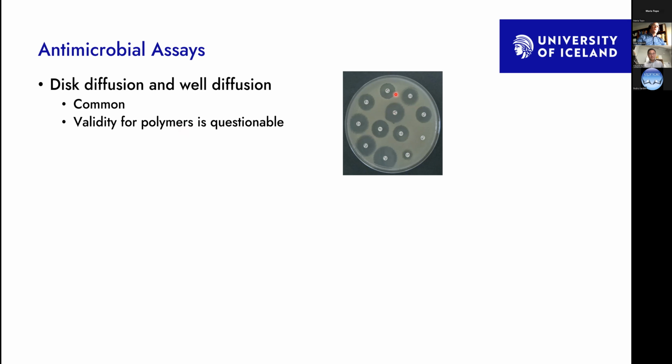So small molecules can diffuse easily. However, the question is, is it really possible for polymers like chitosan to diffuse into the agar? And as far as we have seen from our studies, probably not. So regarding the validity of such studies, you have to be quite careful in the interpretations.